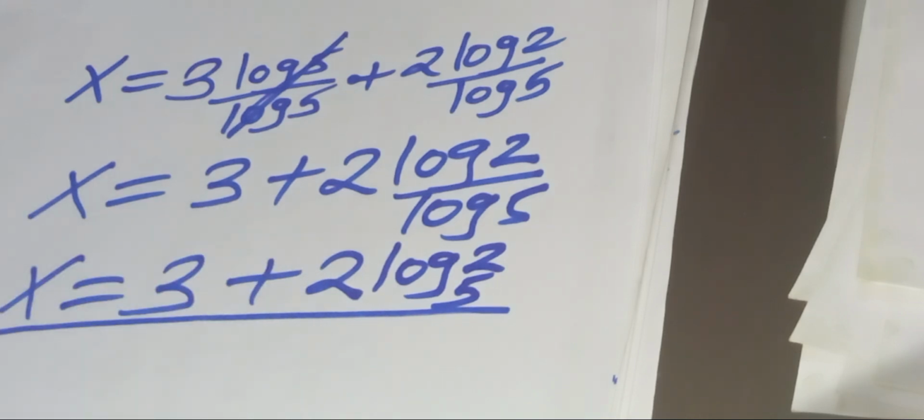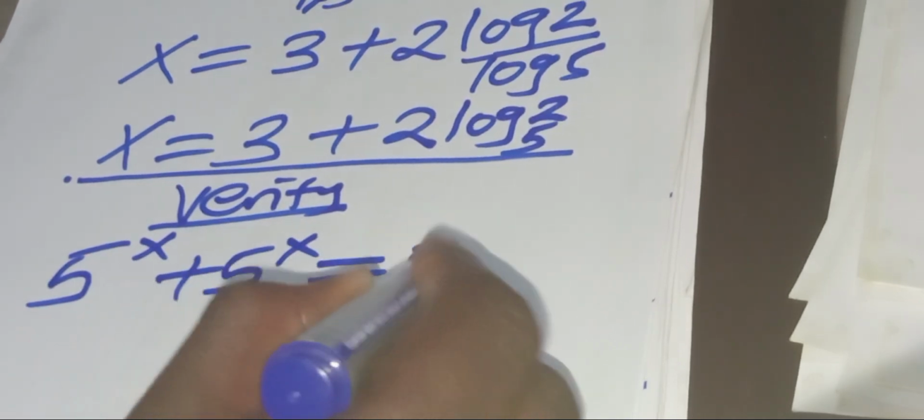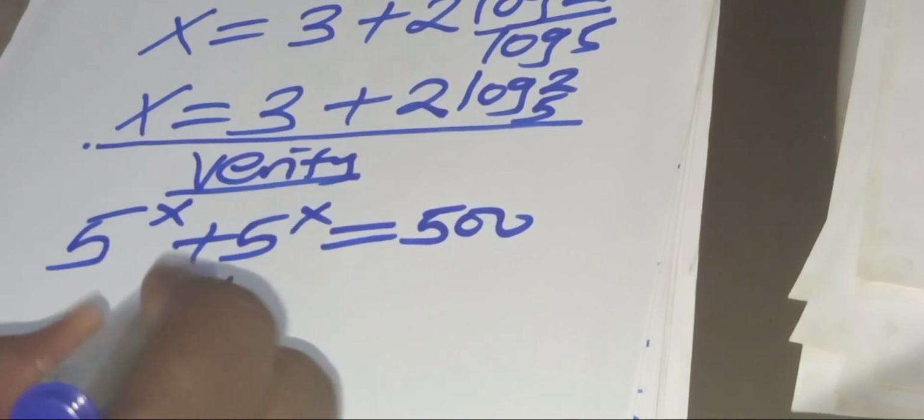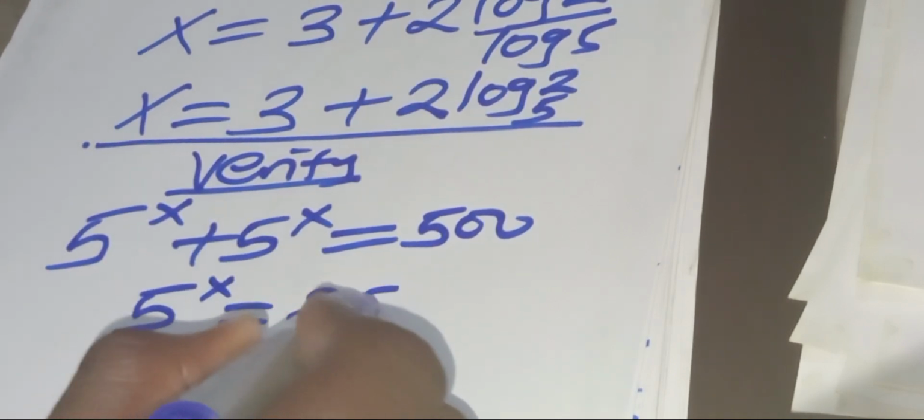Now let's verify if this value of x actually satisfies the equation. If you recall, we had that 5 to the power x plus 5 to the power x is equal to 500. We simplify this further to 5 to the power x is equal to 250.